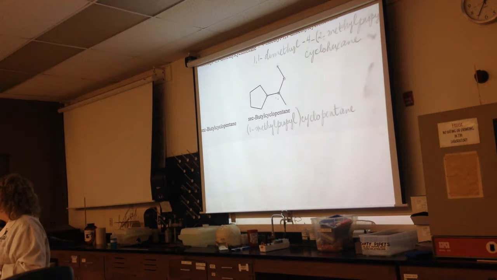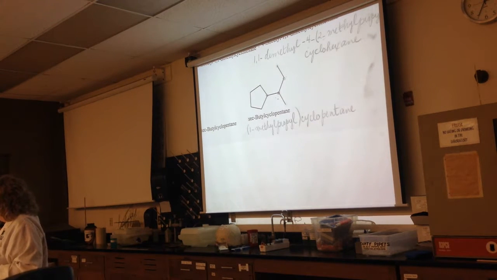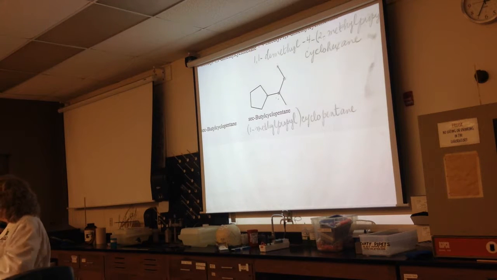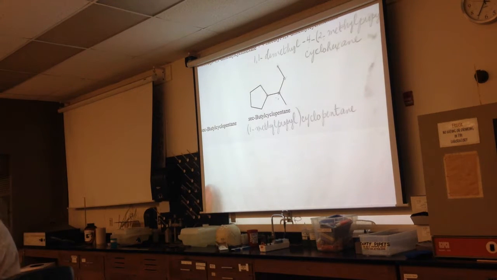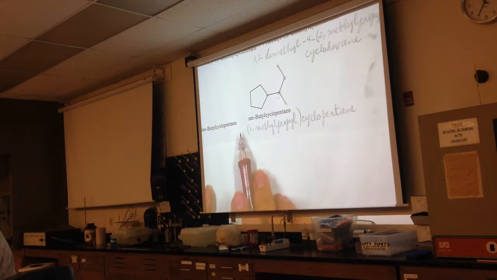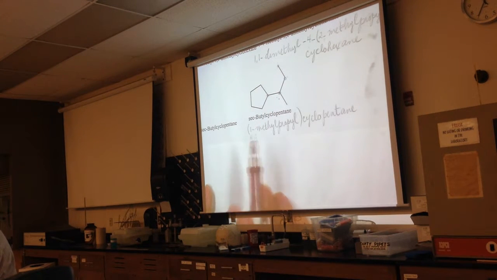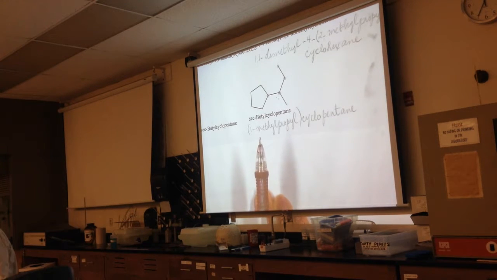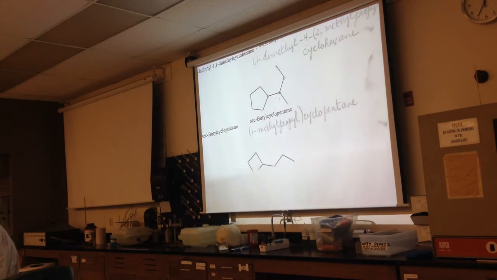If there's only one substituent on the ring, you don't have to put a 1 in front because that's going to be your carbon number 1. Okay? All right, let's give an example of this so that everybody kind of follows.